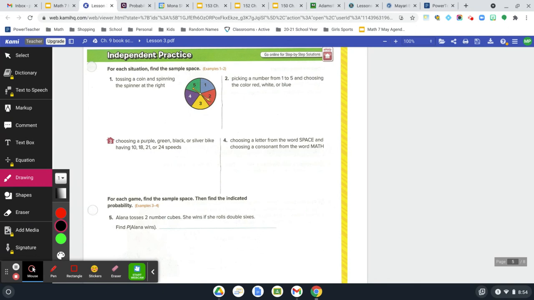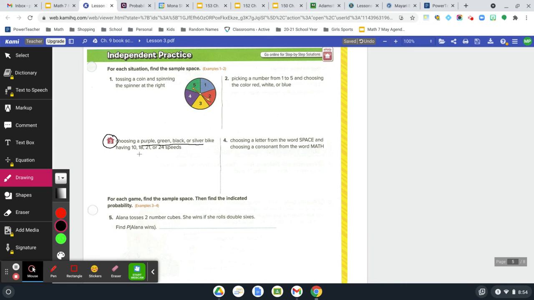Let's see here. I think I'm going to have you try to start with number 3. See if you can draw a tree diagram. So the directions say for each situation, find the sample space. Try drawing that tree diagram knowing you have purple, green, black, or silver for your choices of a bike color.